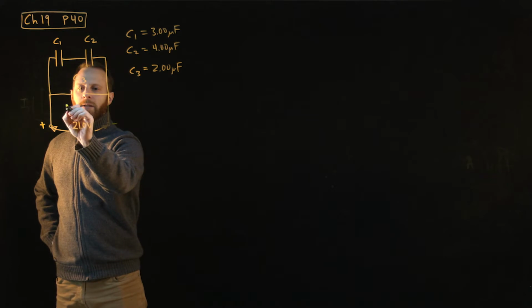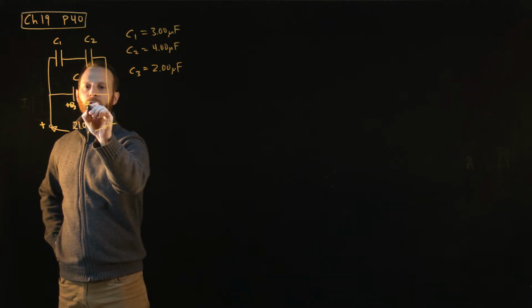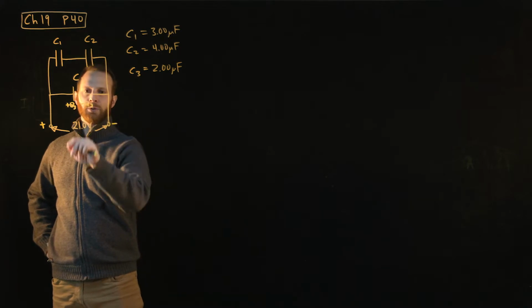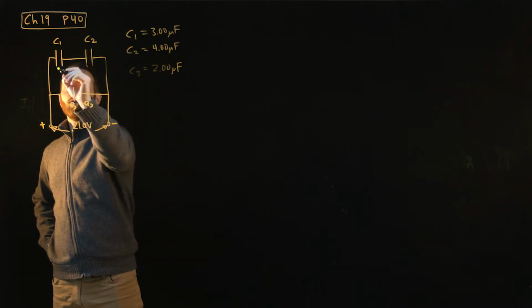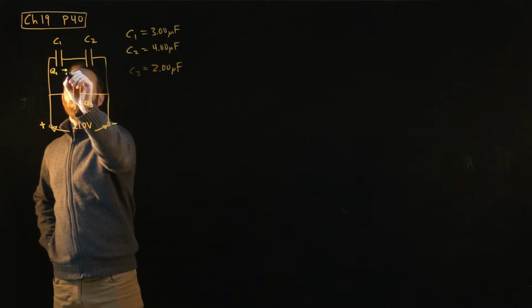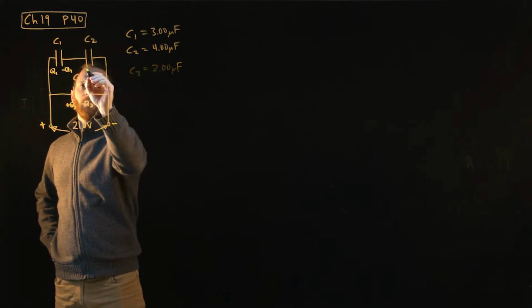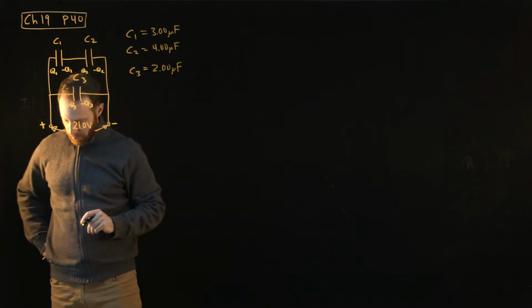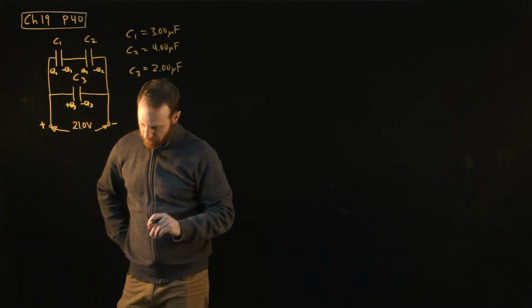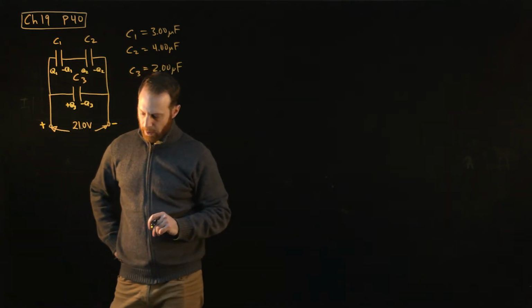I'm going to call this plus Q3 over here and minus Q3 over here. These should have the same magnitude and opposite sign. Likewise, I'll call this Q1 and a minus Q1 on capacitor number 1, and a Q2 and a minus Q2 on capacitor 2. So that's the most general thing that you can write down.